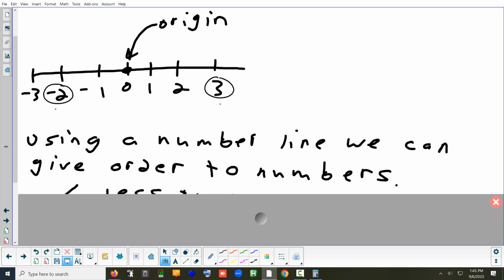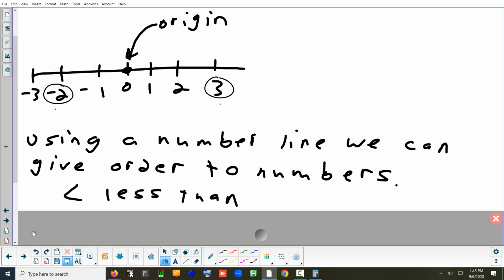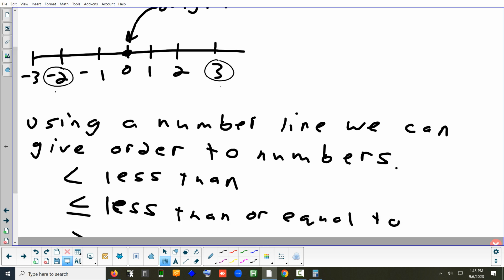Less than is one of them. Does anybody know another symbol? These are called inequality symbols. Yeah? Greater than. Okay, greater than. I think that one's a little further down, so I'm going to hold off on that one. But yes, greater than. Another one? Less than or equal to.